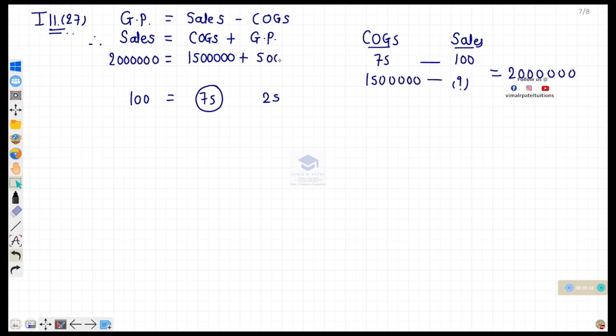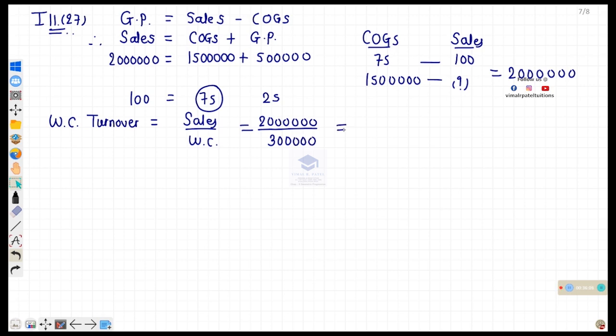In gross profit, 25% of it. So working capital turnover is 6.67 times.